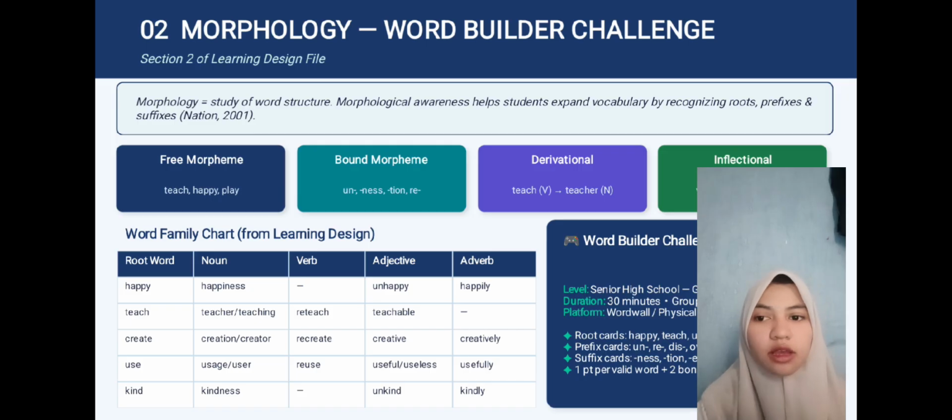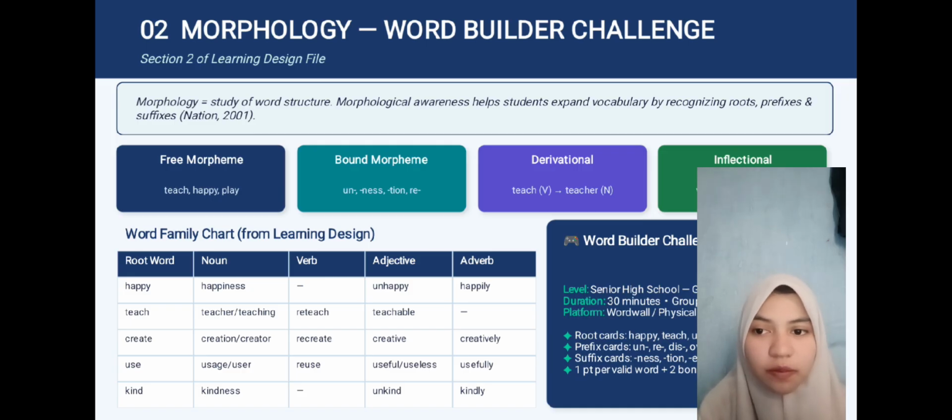The first is the free morpheme. A free morpheme can stand alone as a word, for example, teach, happy, and play. And then the bound morpheme. A bound morpheme cannot stand alone. It has to attach to a root, for example unhappy, happiness.